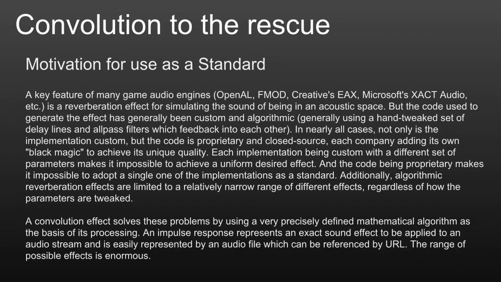And you can also create impulse responses for many kinds of interesting special effects with weird filters and delays and stuff like that. So I thought that would be a good way to solve the problem of standardization. How can we standardize reverberation across all the platforms? How easy would it be to implement cross-platform code to do the convolution effect?